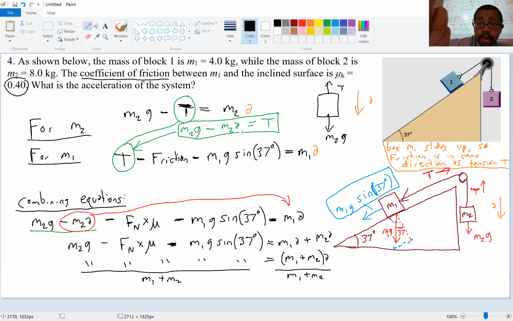So let me just write over here Fn equals M1G cosine 37. Does anybody need me to explain why cosine and why not sine? Okay. All right, so then you plug in those numbers.